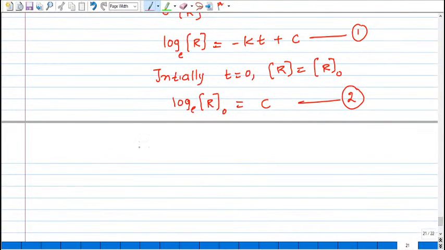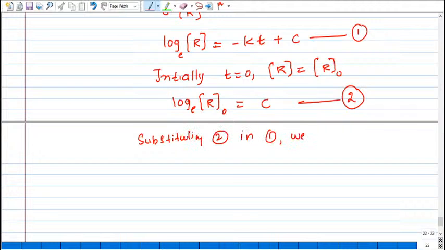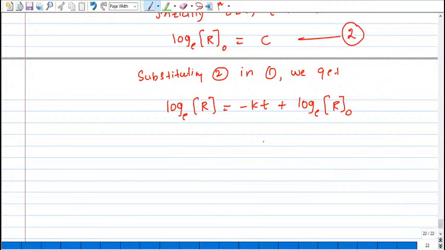Let me substitute 2 in 1. If you are substituting 2 in 1, what is the equation we get? We get log base e R is equal to minus Kt plus log base e R naught. Take this minus Kt this side and log base e R this side.